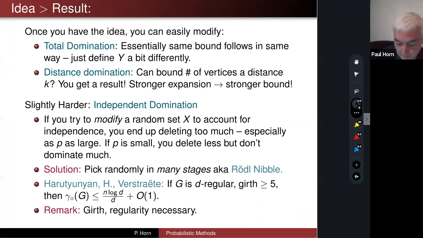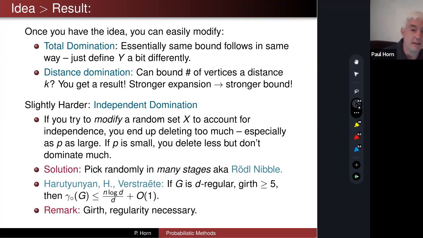But actually, if you have a graph that is both regular and girth at least 5, then for independent domination you essentially recover the result I told you about: the independent domination number of a d-regular graph of girth 5 is like n log d over d plus a constant.